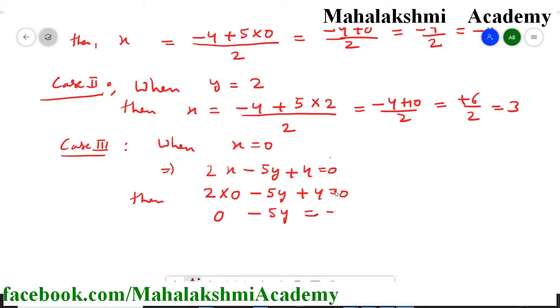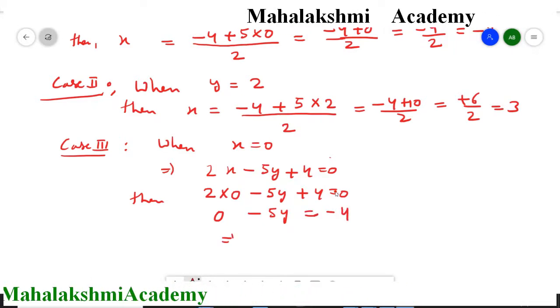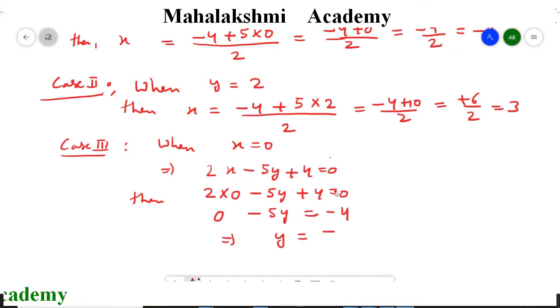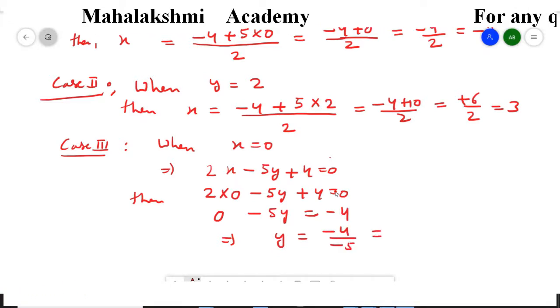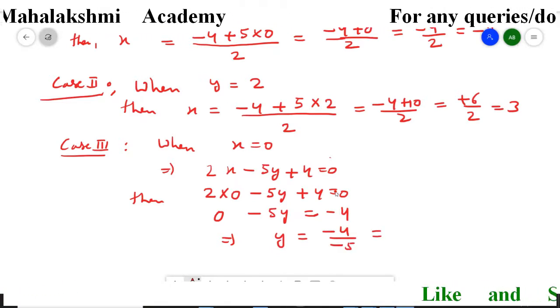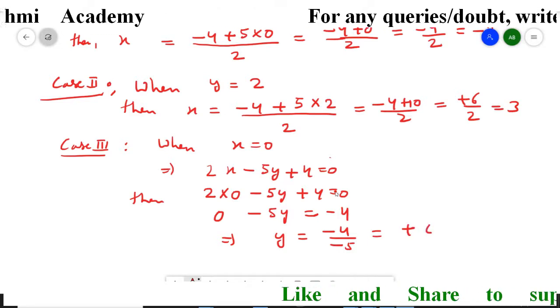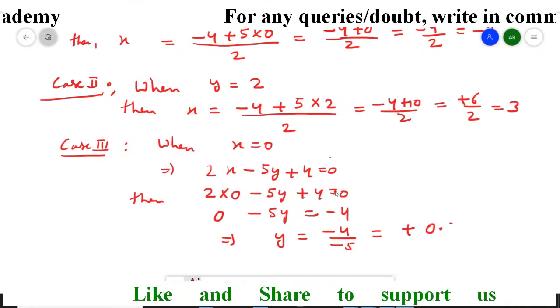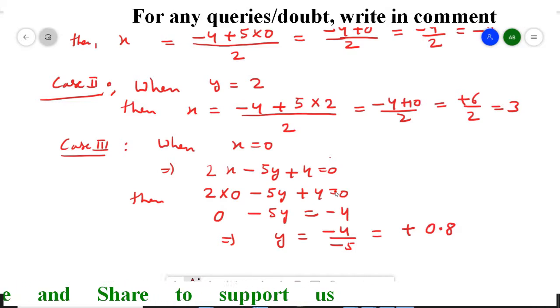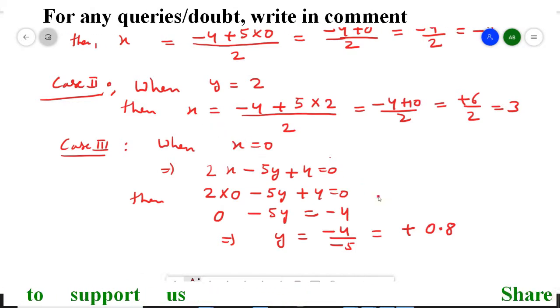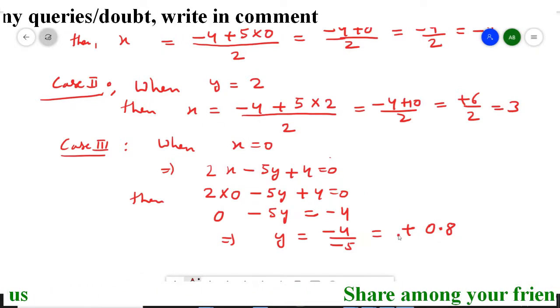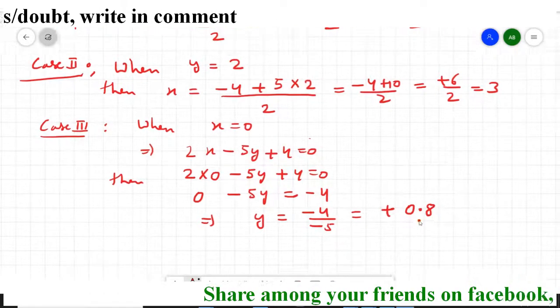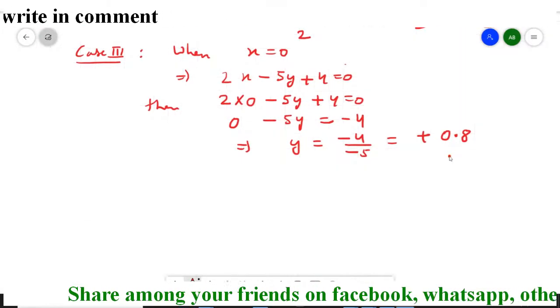The plus 4 will shift, so it is minus 4. That gives y is equal to minus 4 upon minus 5, which is minus by minus is plus, and 4 divided by 5 is 0.8. So the coordinate is x is 0 and y is 0.8. Here this line will intersect the y-axis.